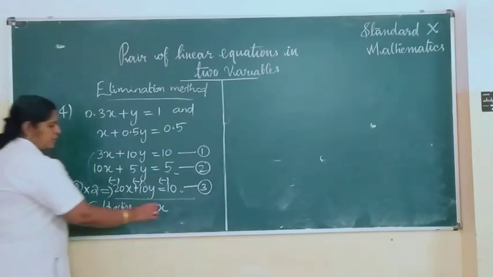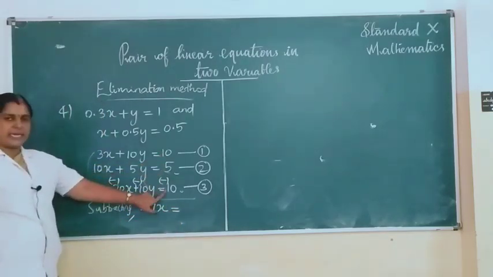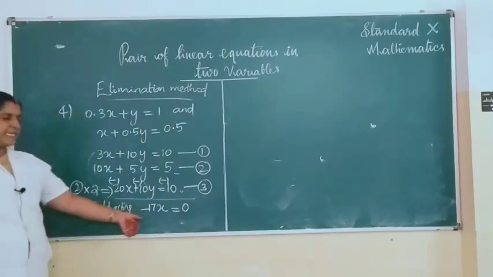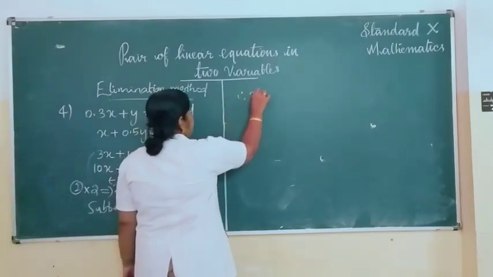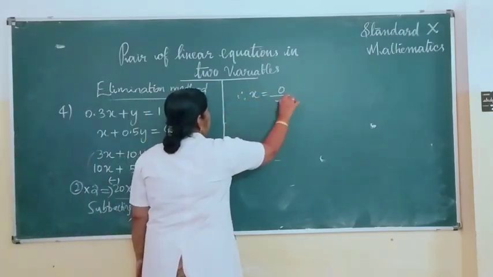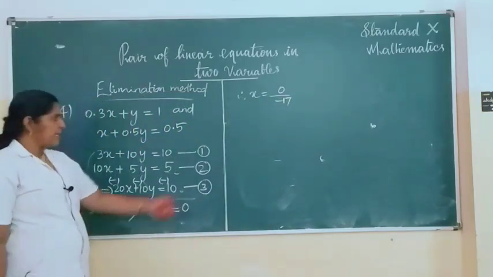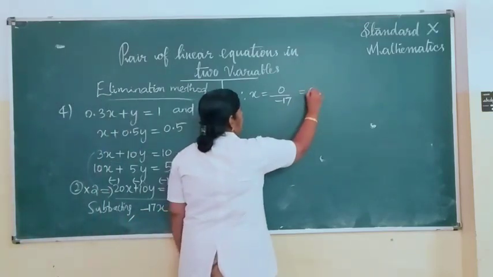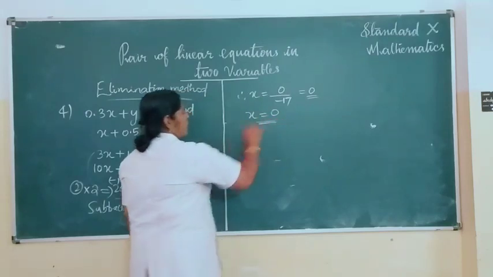Minus 17x equals 10 minus 10. What is 10 minus 10? 0. So minus 17x equals 0. Therefore, what is x? 0 by minus 17, since minus 17 into x becomes division. 0 divided by any number is 0. So we got x equal to 0.